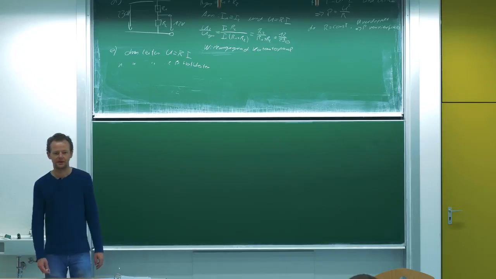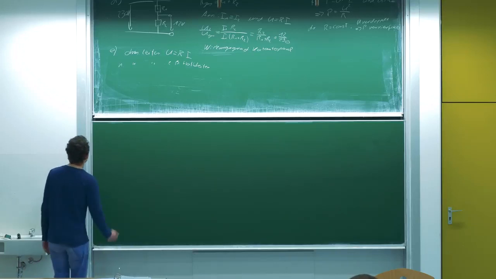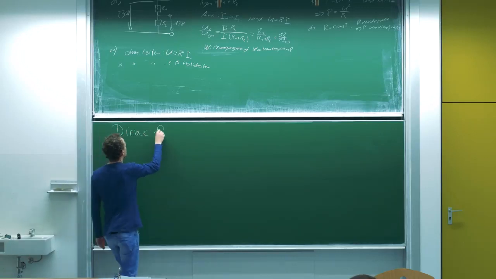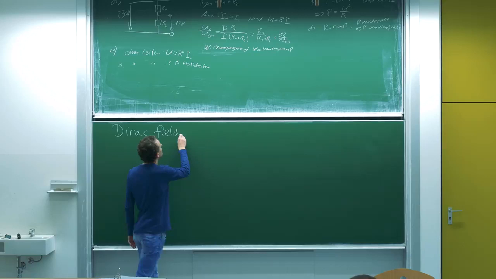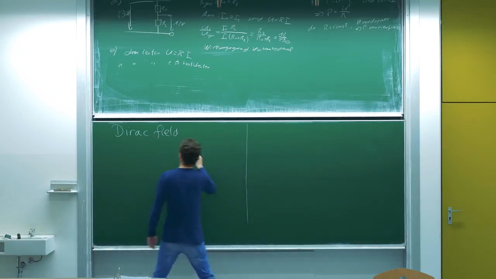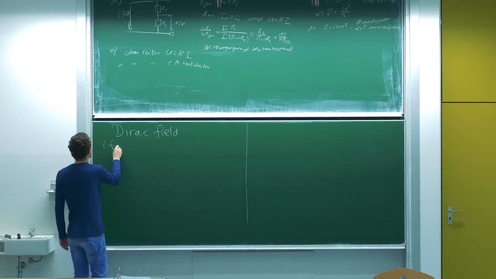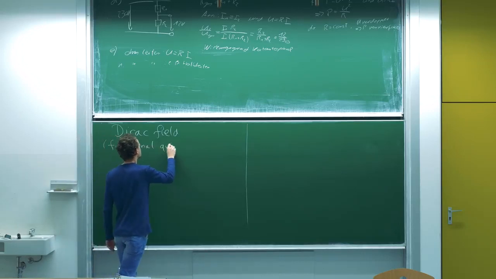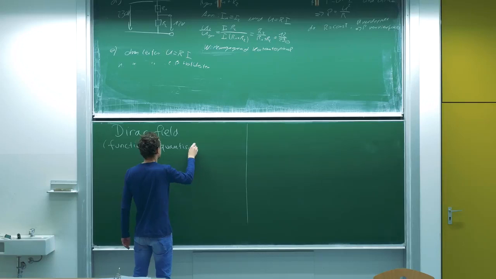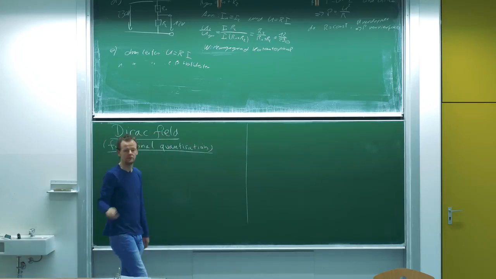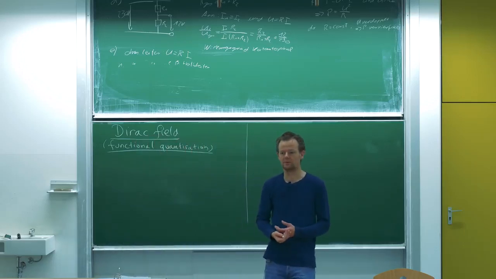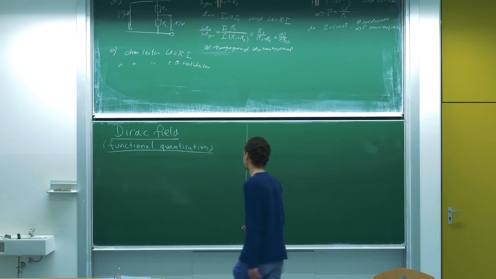Right, welcome. Today we're going to functionally quantize the Dirac field. In the previous lectures, we've been building this theory of Grassmann variables, or Grassmann numbers.